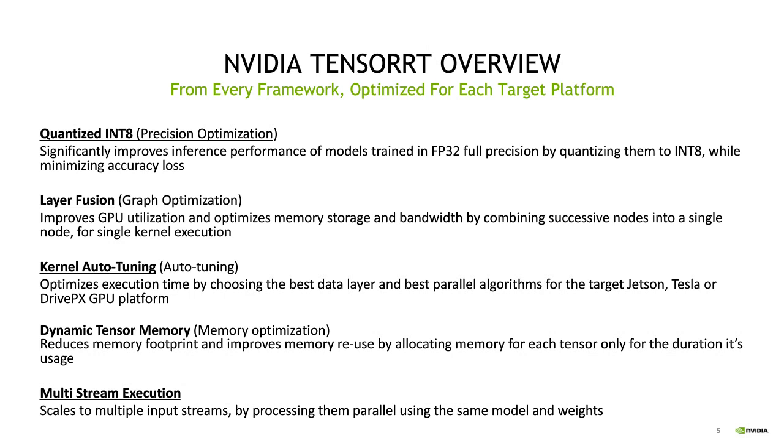So TensorRT will reduce the memory footprint, and you can deploy more models on a single GPU or deploy larger models on the GPU. And another very important feature is multi-stream execution. This feature is related to the concurrent model execution feature that will be introduced later. It's also a key feature of Triton Inference Server.